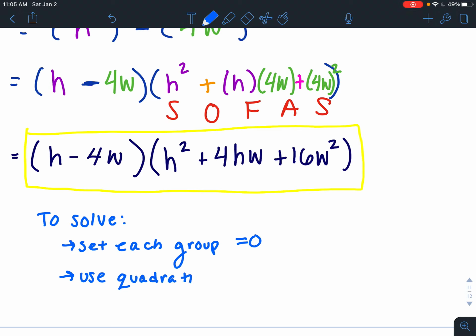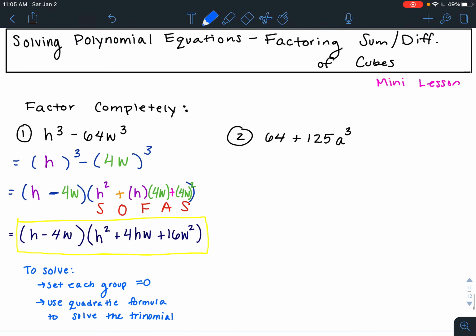And you're going to have to use the quadratic formula in order to solve the second group, that trinomial. Since we're just factoring, I'm not going to go through that process, but if you need a refresher on how to use the quadratic formula, go back a couple of videos on this playlist and you can check that out.